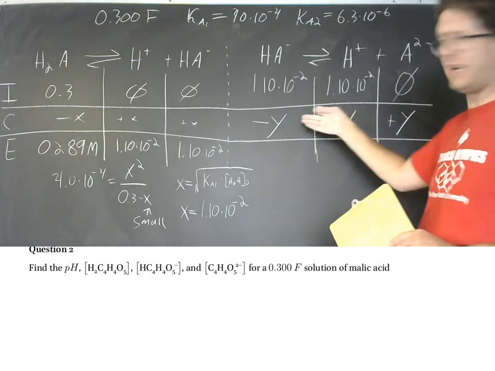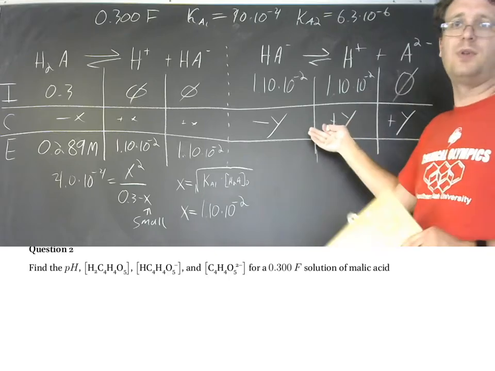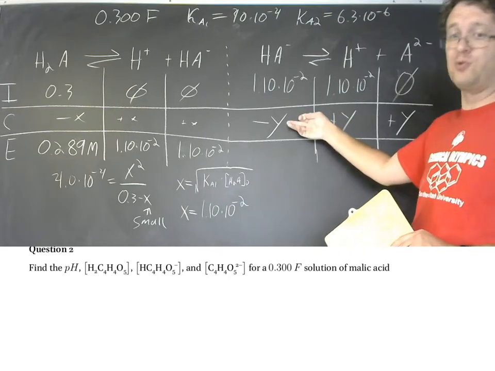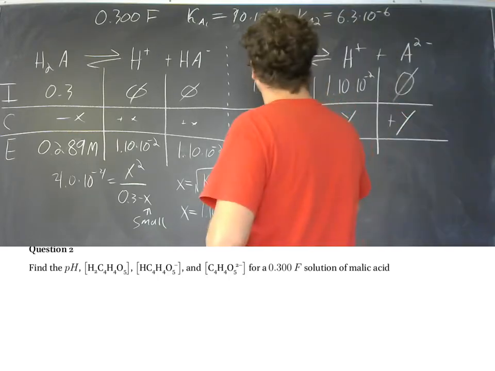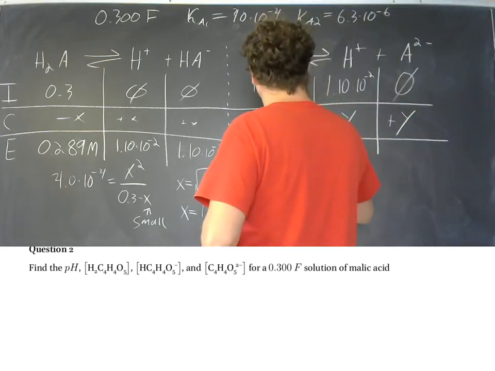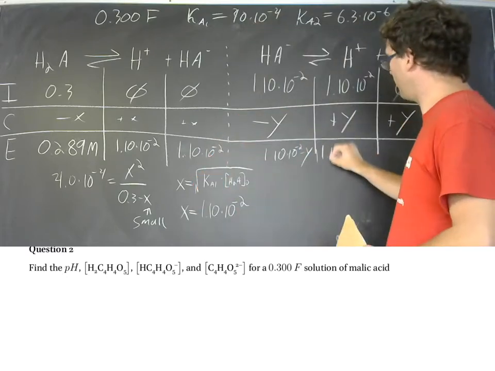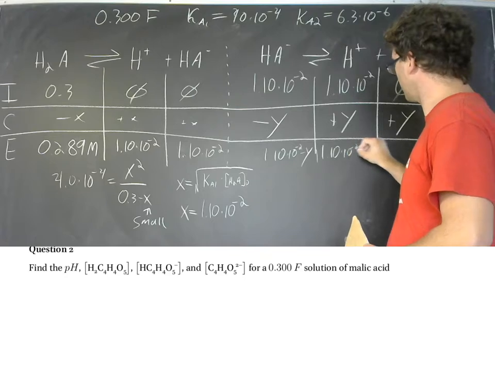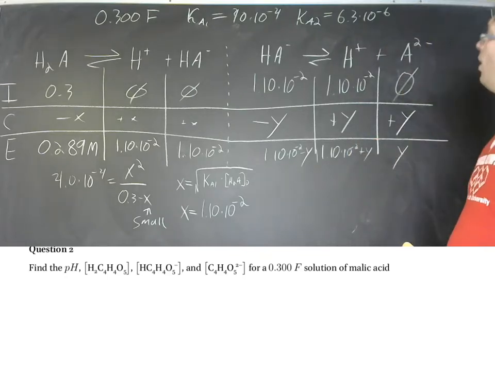In the lecture, I just called this x. Here for the quiz, maybe it's a bit more clear if we give it a new name. This will be y. And here we get 1.10 times 10 to the negative second minus y, 1.10 times 10 to the negative second plus y, and y.